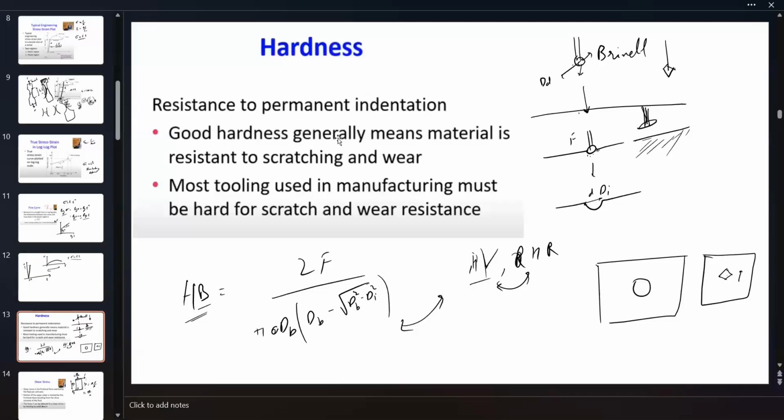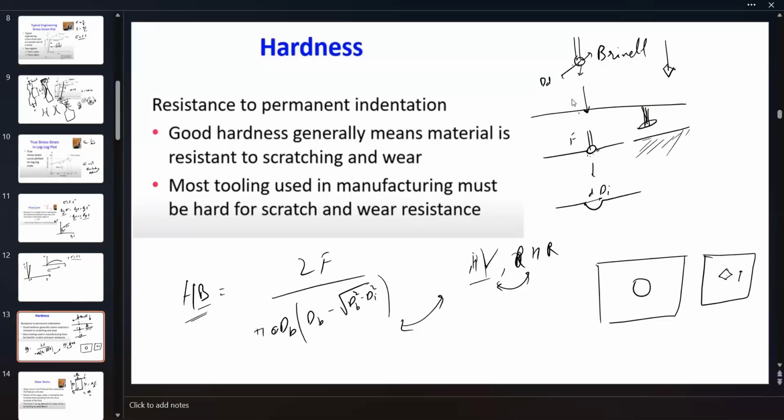Another property is hardness. That's defined as resistance to permanent indentation. A good hardness generally means the material is resistant to scratch or wear. So most of the tools you use cut your working piece.